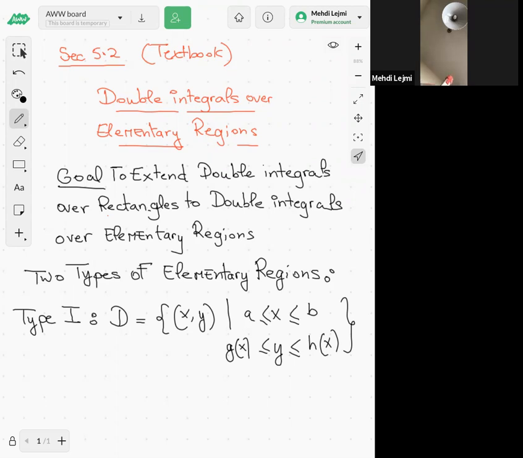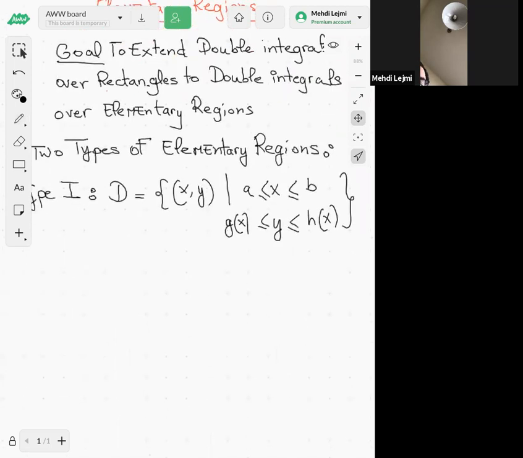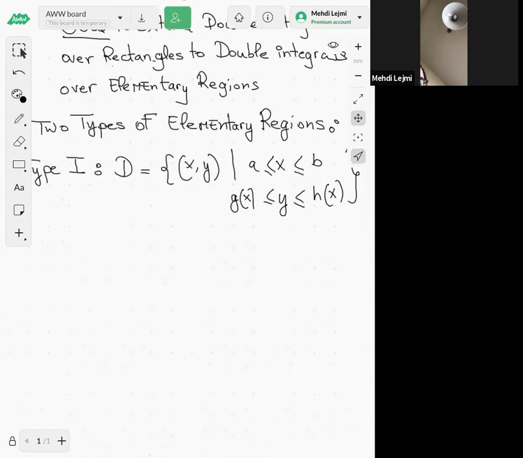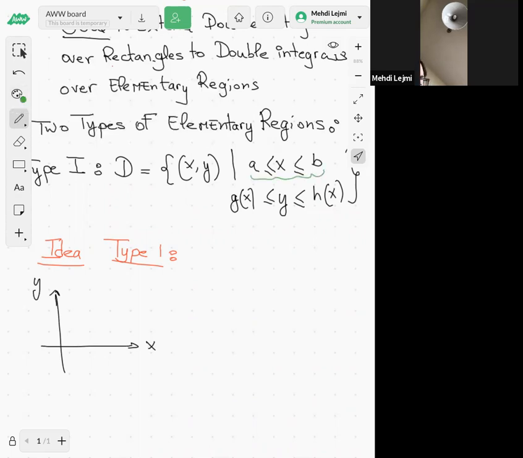And again, the idea is, you're going to get regions of the following shape. So you have the x-axis, y-axis, right? We are saying x is between a and b, right? So here's your a, here's your b, okay?